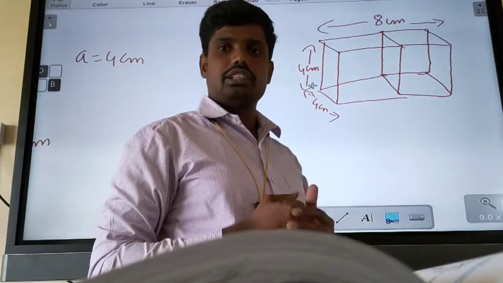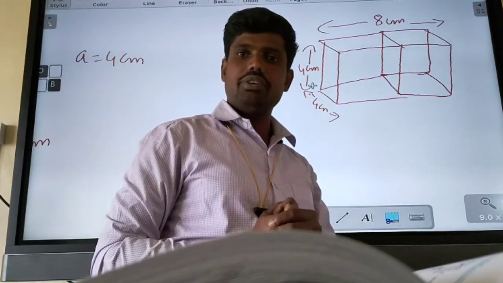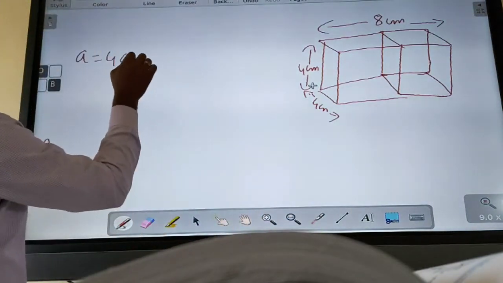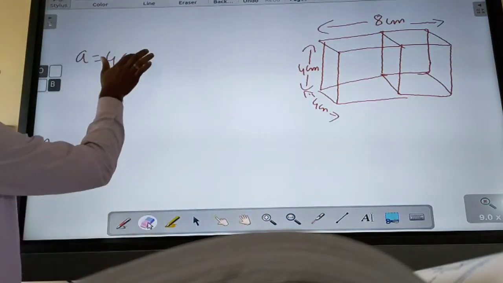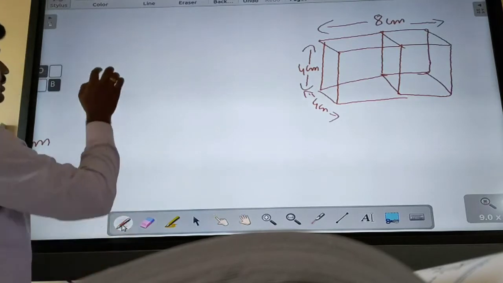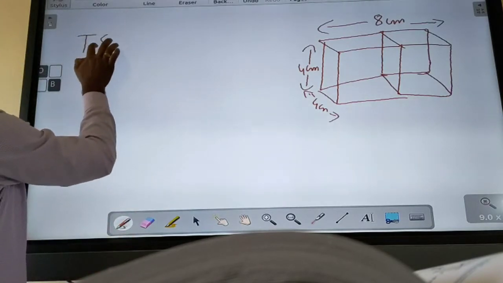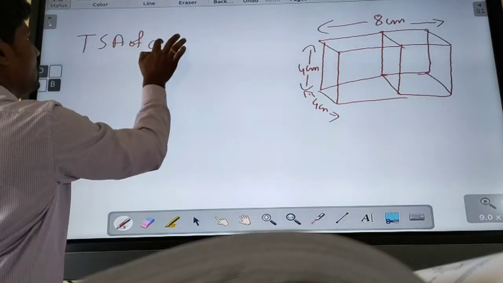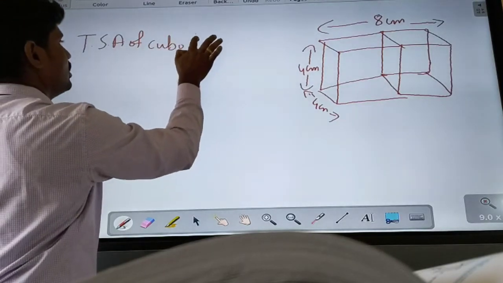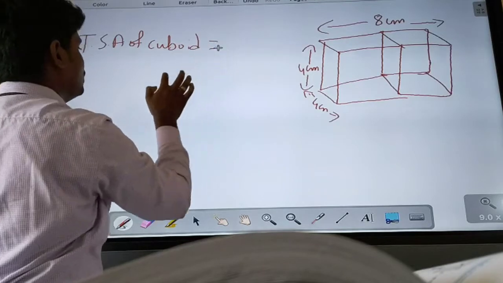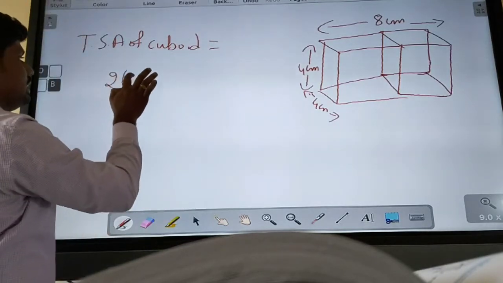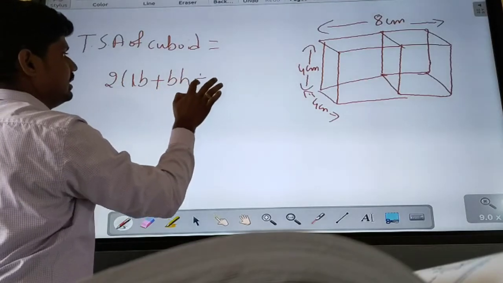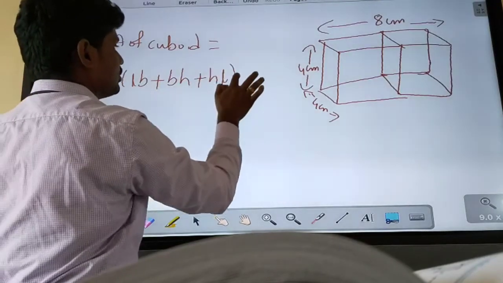So you should write the total surface area of cuboid formula. What is the formula, children? Total surface area of cuboid is equal to 2(lb + bh + hl) square units.